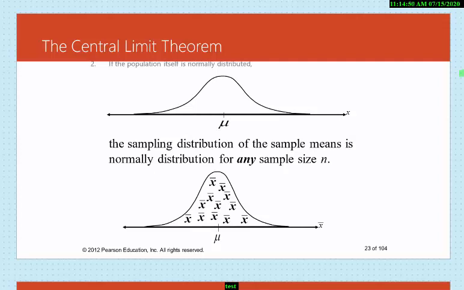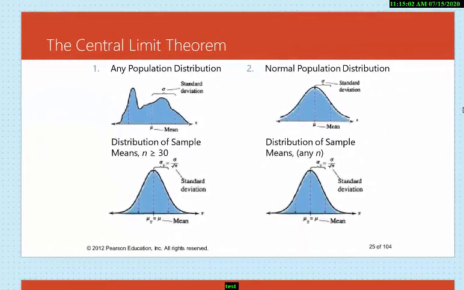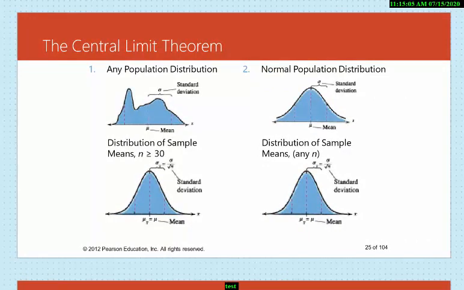The other thing that we know, though, is that we may start with any type of population, such as this right here. That shows you that any kind of population that we start with doesn't need to be normally distributed. If you take a sampling distribution and the samples have size greater than 30, then the sampling distribution will be normally distributed.